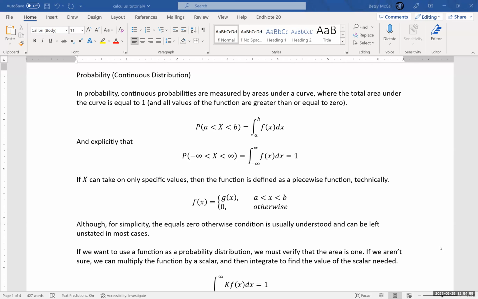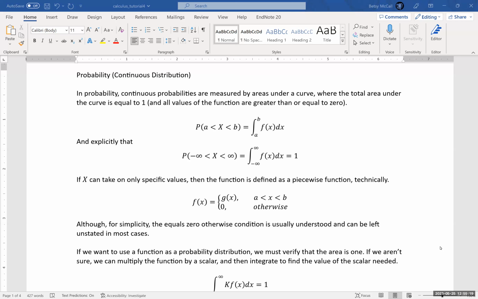We remember from basic probability and statistics that all probabilities, if you add up all the possible things that can happen, equal 1. The area is like our summation, if you remember from how we defined it in calculus. And so the area under the curve is our total cumulative probability.